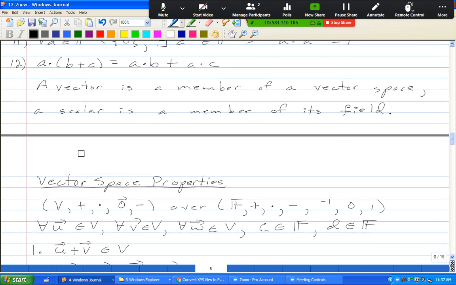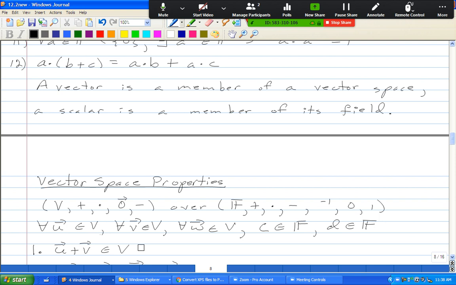So, just like before, we have the closure property for vector addition. So if U and V are members of this set V, then U plus V is a member of the set V. So if you add two vectors that are in some particular set, when you add them, they're still in that set. They don't go out of that set.